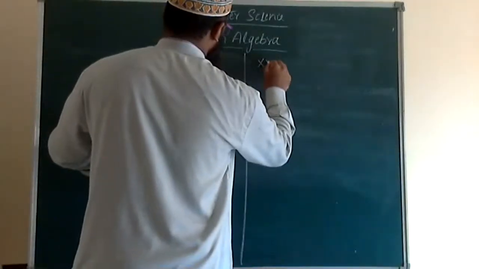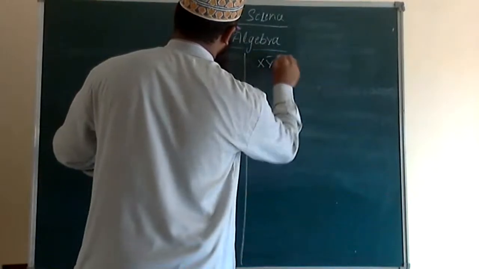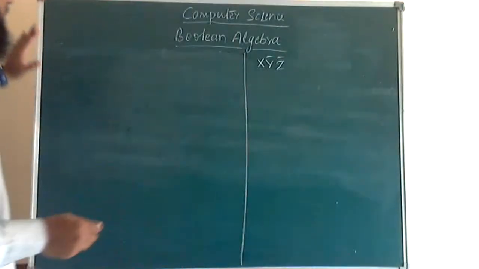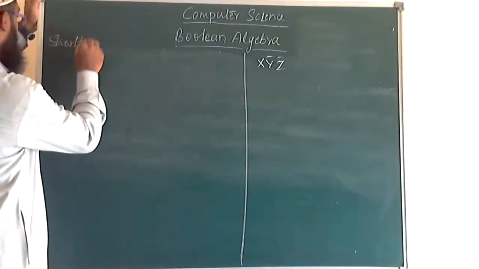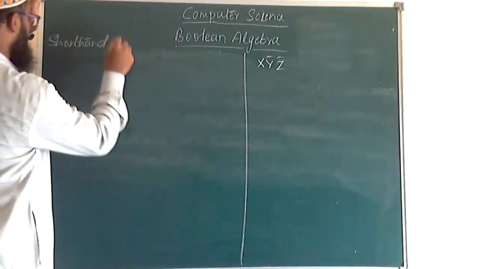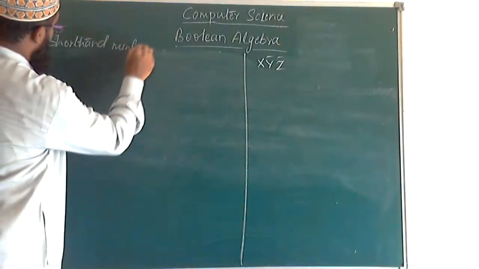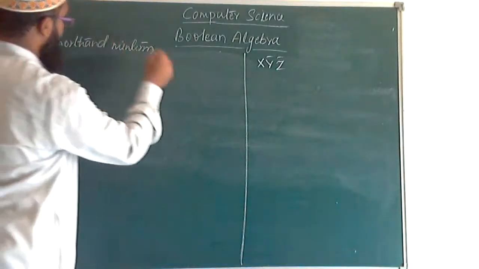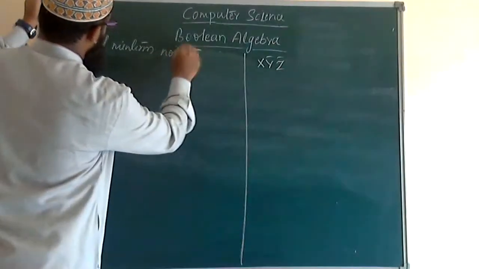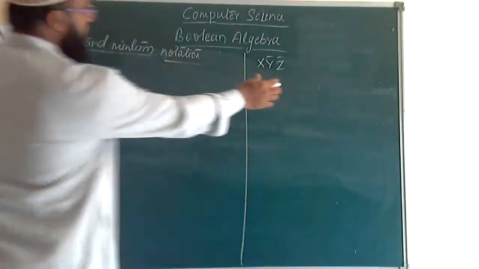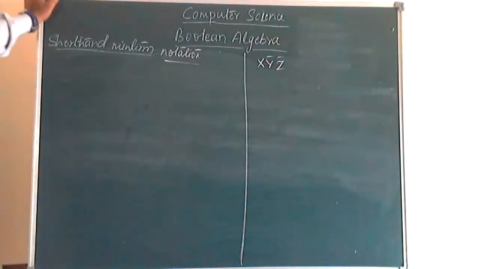I will take one min term here: X, Y bar, Z bar. Shorthand min term notation. It is an expression.